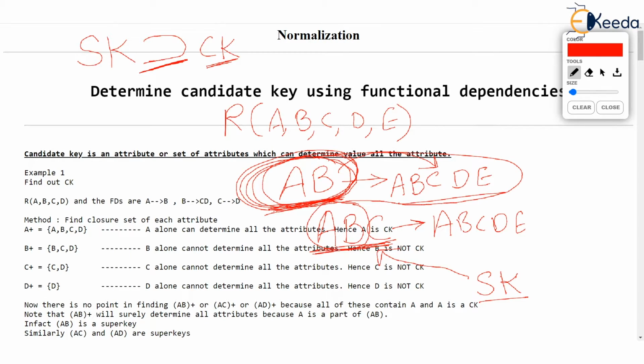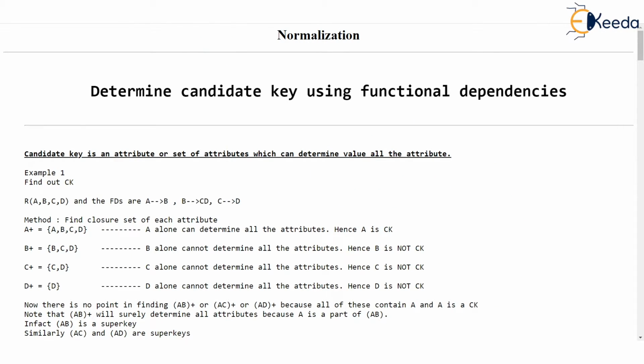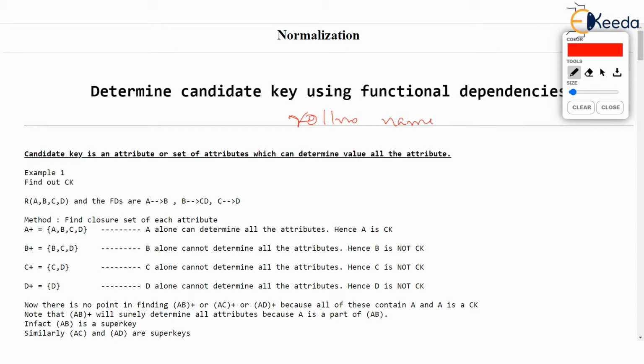Isn't it so? For instance, in a student table, just imagine a student table. We have roll number, then name of the student, then maybe address of the student, and phone number of the student. Now, roll number alone, if roll number of a student is given, college people can easily find out name, address, and phone.